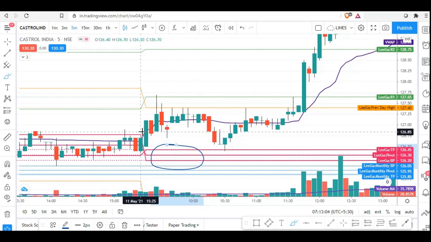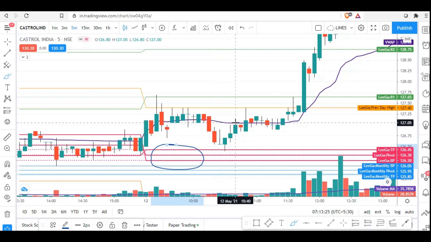We can go for buy only. It will make a high of 127.70 until 9:25, then it will go down to 126.80, then it will take exact support at CPR again.